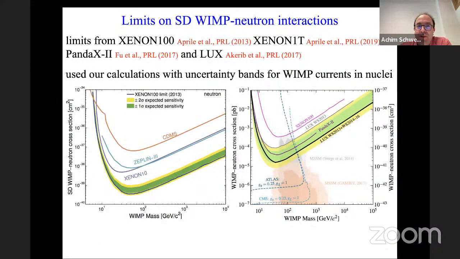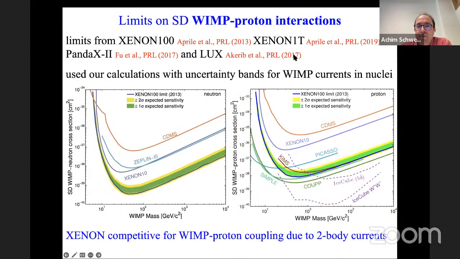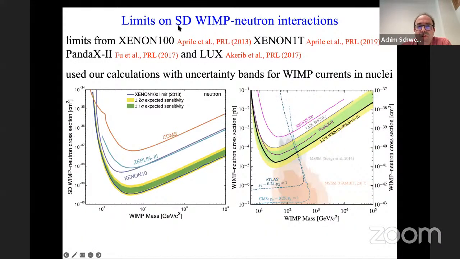Here are first the limits on spin-dependent WIMP-neutron interaction. We were very fortunate that immediately after we finished the calculation in 2012 for xenon isotopes, the XENON100 collaboration picked it up.